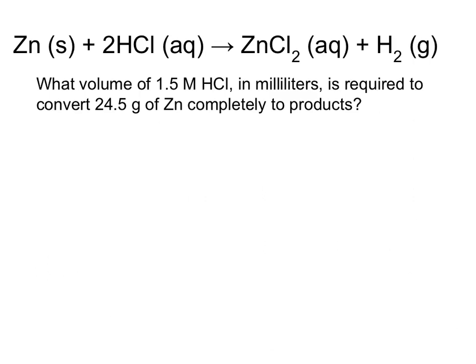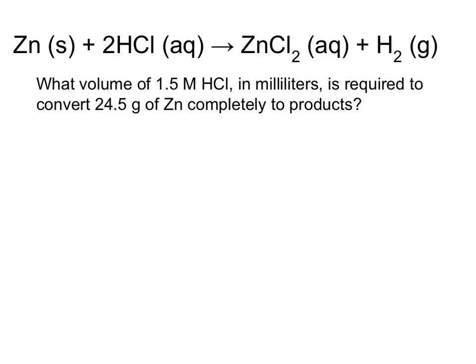In this reaction, solid zinc reacts with hydrochloric acid in a gas-forming reaction to form some aqueous zinc chloride and hydrogen gas. We want to know what volume of 1.5 molar hydrochloric acid is going to be required in order to convert 24.5 grams of zinc completely over to products.